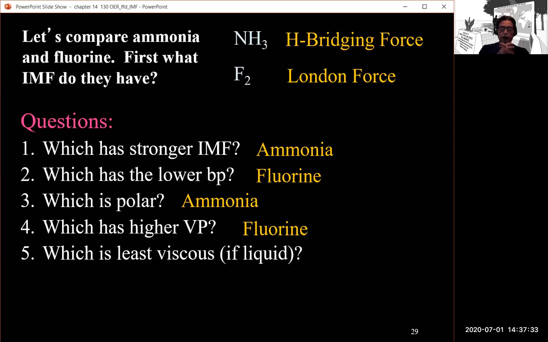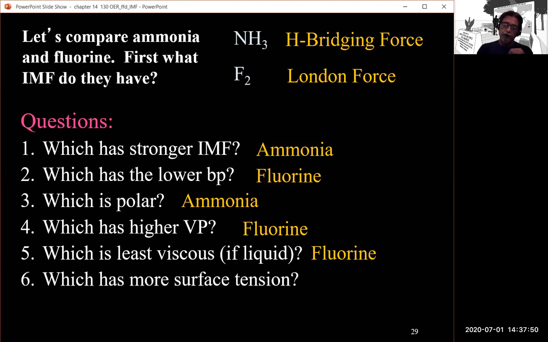Okay, and which is the least viscous if they were both liquids? Again, fluorine would flow much more readily than ammonia, simply because it has the weaker force. And then again, the last thing, which has the more surface tension? Again, ammonia would, simply because it has the stronger force.